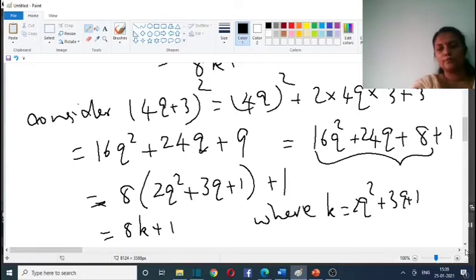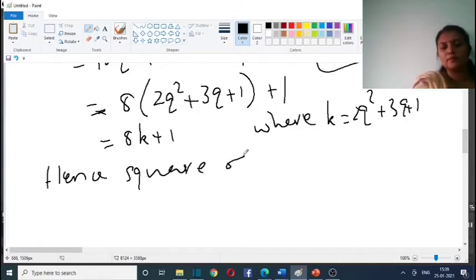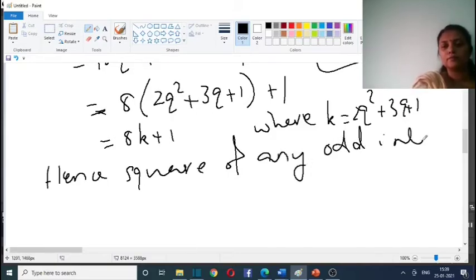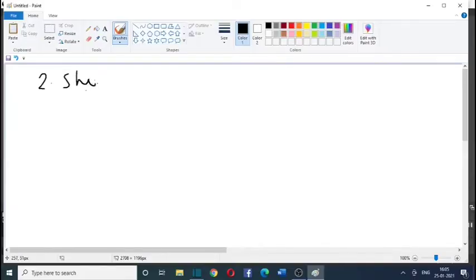So hence, the square of any odd integer is of the form 8k plus 1.